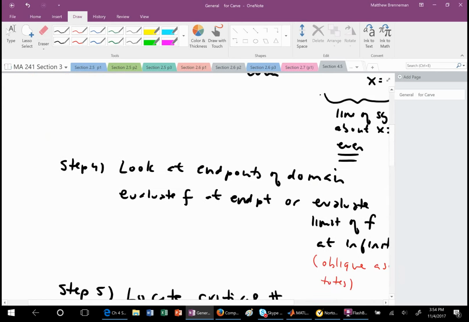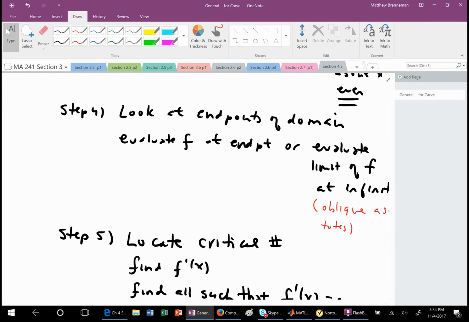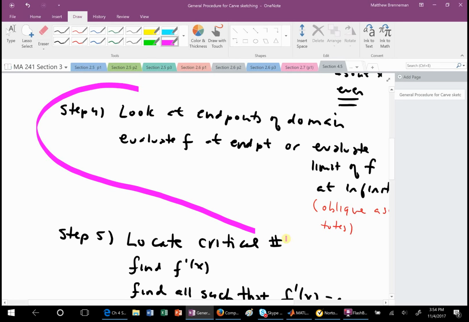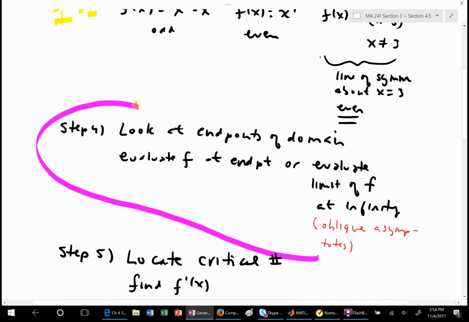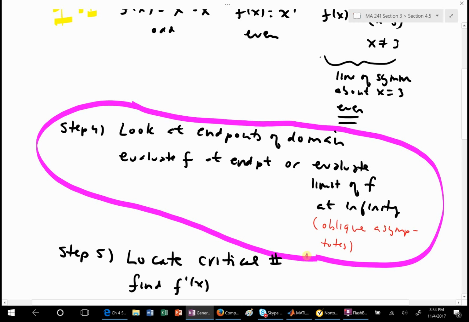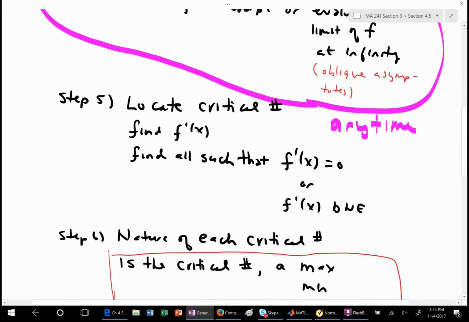The order of the others doesn't really matter; they can be done at any time. And obviously, the critical numbers have to come before the points of inflection. That's all the order we really have to keep. So that's the theory.